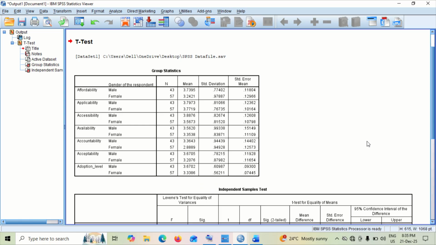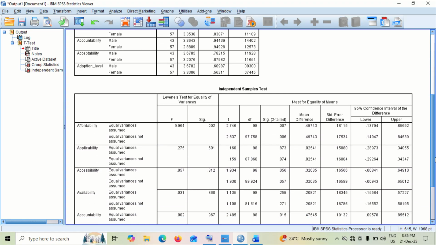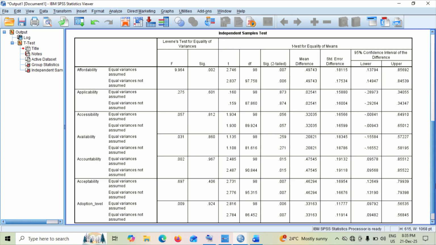In order to verify the result of the mean difference, we have to check the result of independent sample t-test. Here we can see the different columns in the result of independent sample t-test. First, the components and the variable, and equal variance assumed and not assumed.